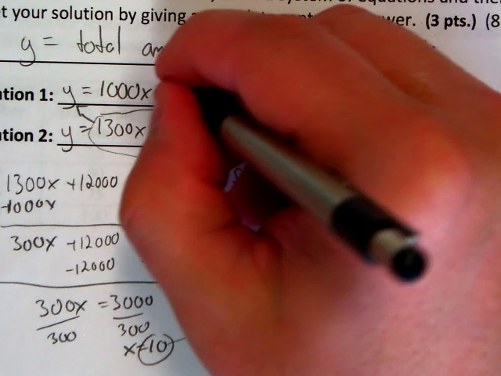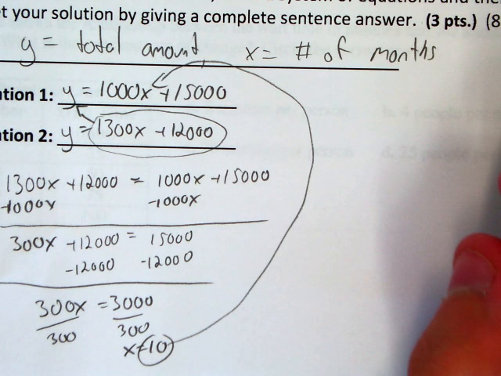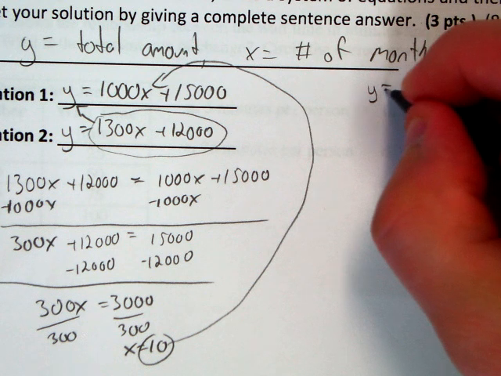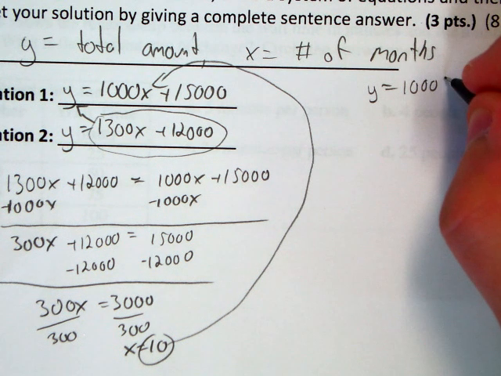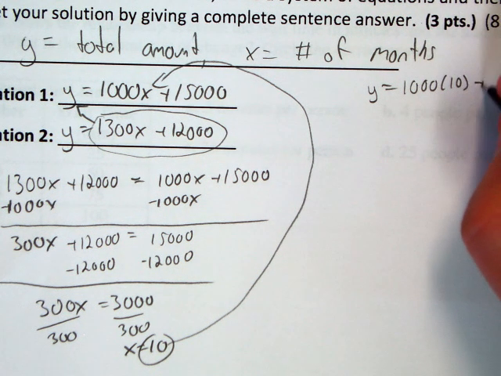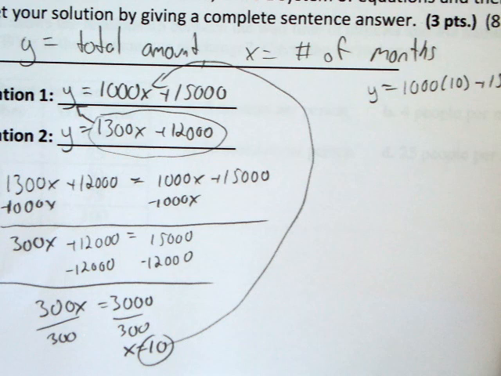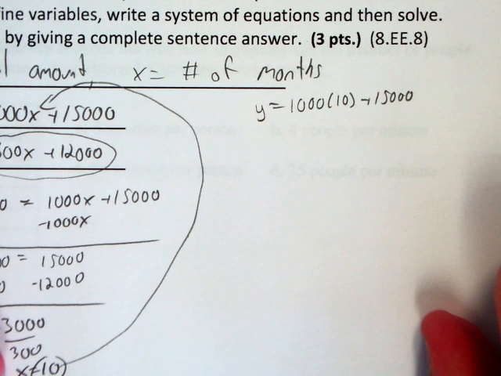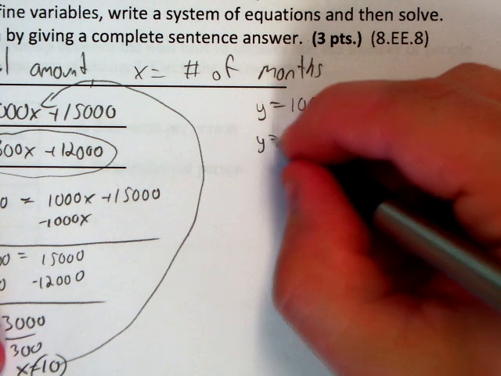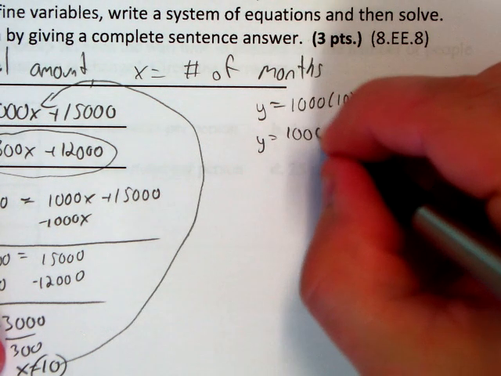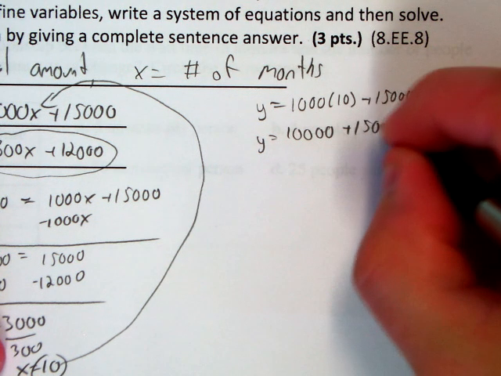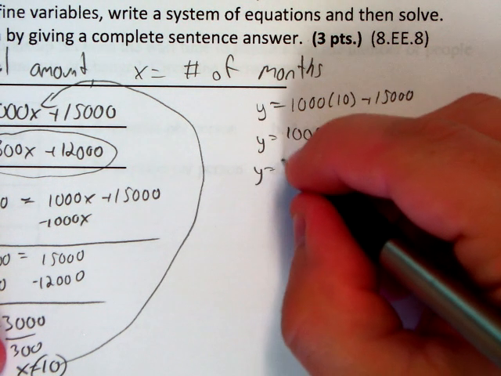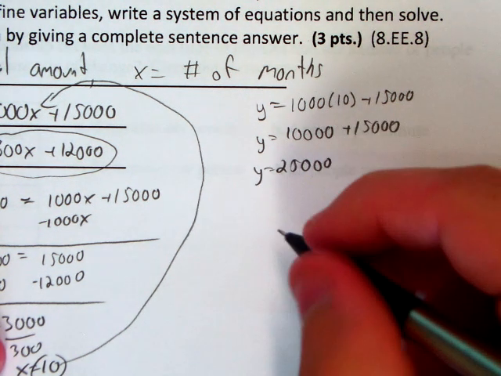I want to figure out how much she'll actually have, though, and Herman will actually have. So I'm going to substitute 10 up here. So I have y equals 1,000x, but that's 10, plus 15,000. 1,000 times 10 is 10,000, and 10,000 plus 15,000 is 25,000.